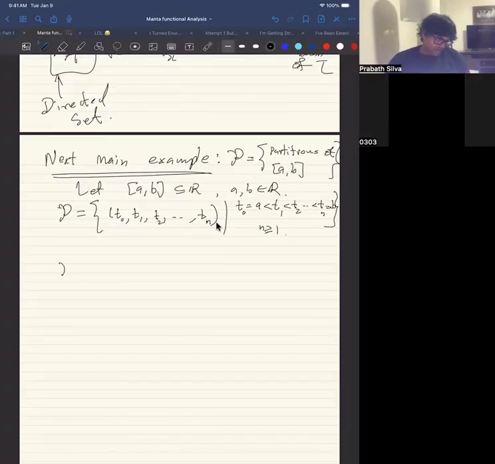Now, the set of partitions P under the subset relation is a directed set.